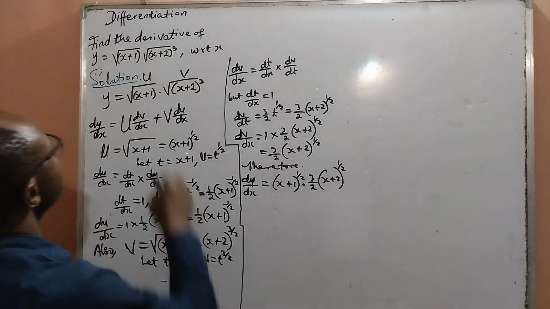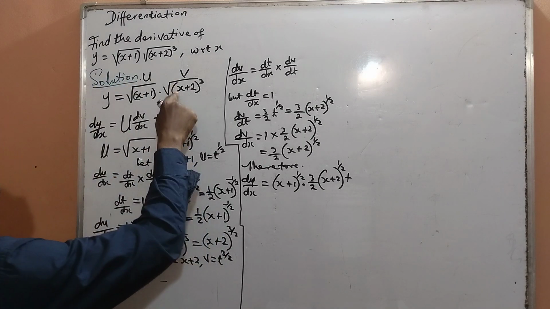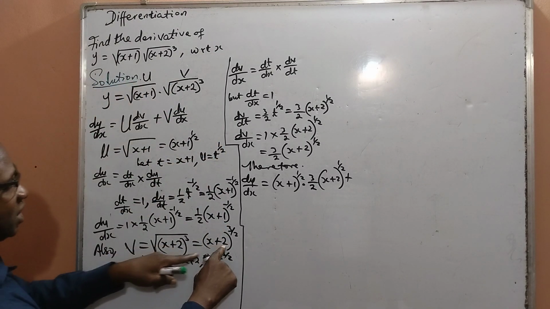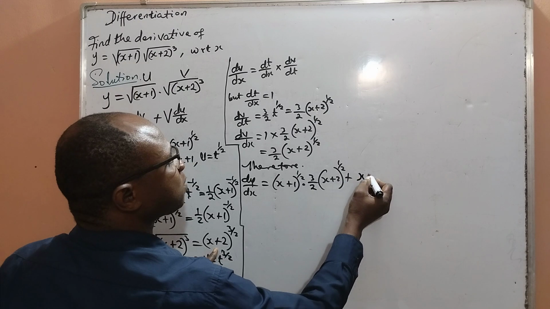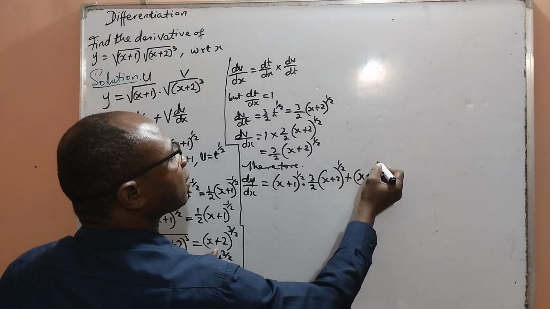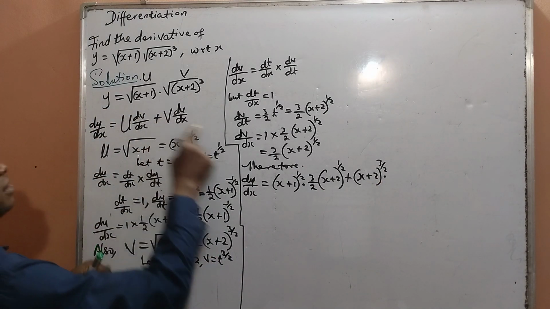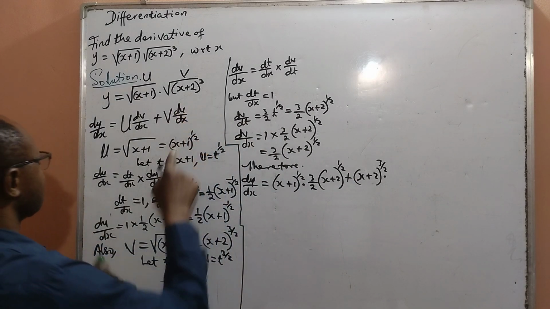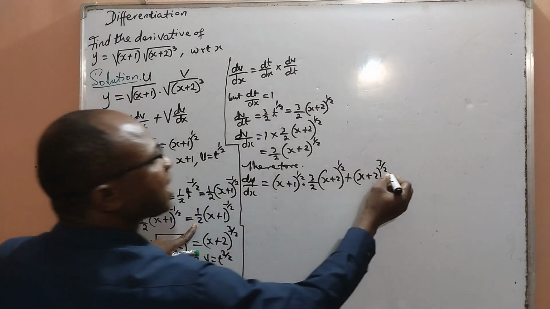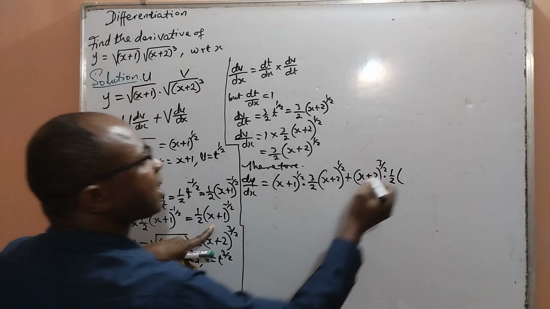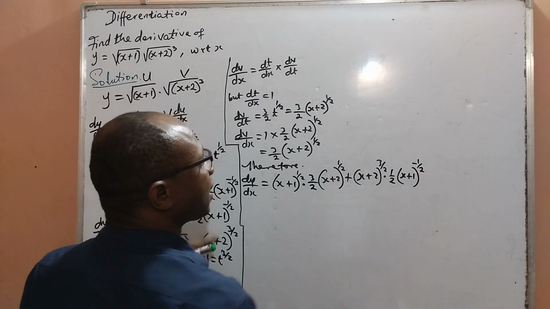Then plus, v is written here as (x plus 2) to the power of 3 over 2, multiplied by du/dx. And my du/dx is solved and gotten as half into (x plus 1) all to the power of negative half.